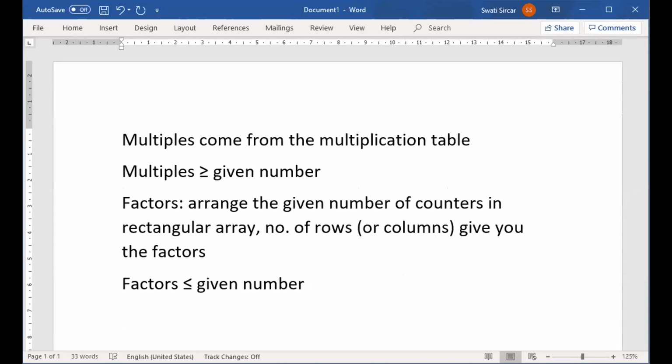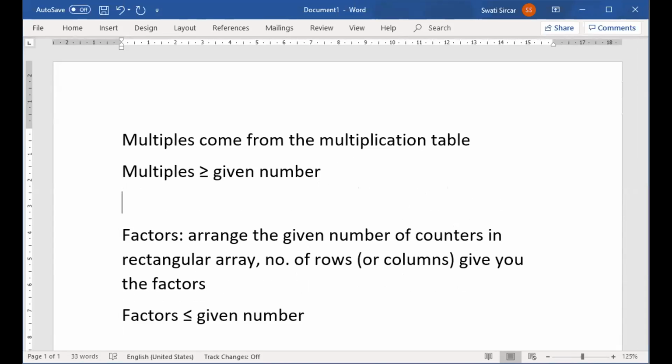So one important thing that comes out from here is that there is no upper bound to multiples. Okay, this is important.